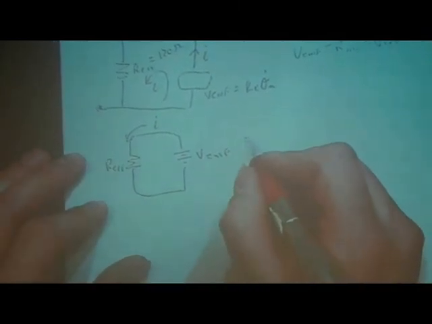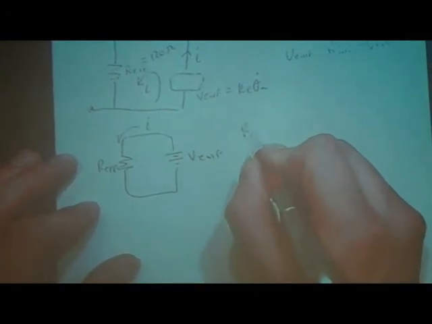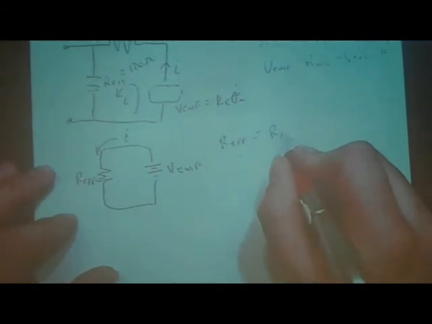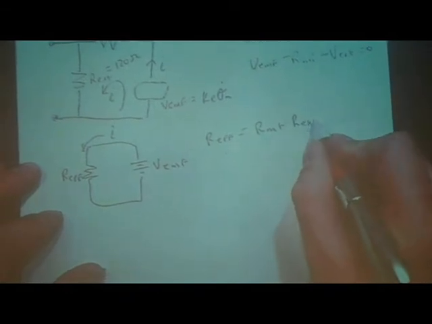And then the governing equation for that simple circuit would be R effective is equal to R sub M plus R ext.